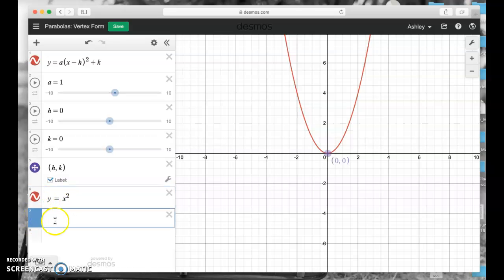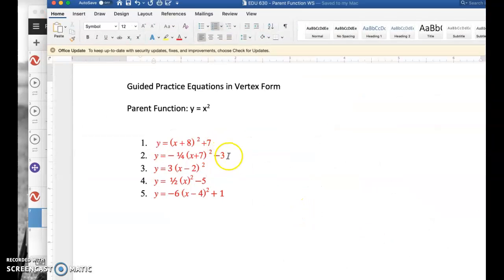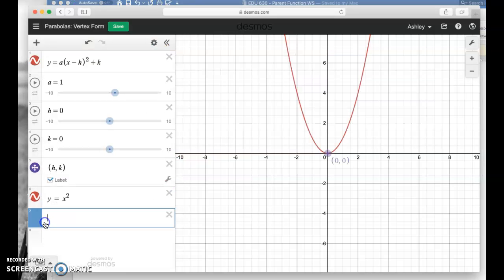Okay, so now number 7, what I'm going to do is I'm going to pull one of the 5 problems from our worksheet, and I'm going to do this one right here, number 2. So if everybody can type your number 2 equation into the number 7 spot over here. So it's the negative 1/4.